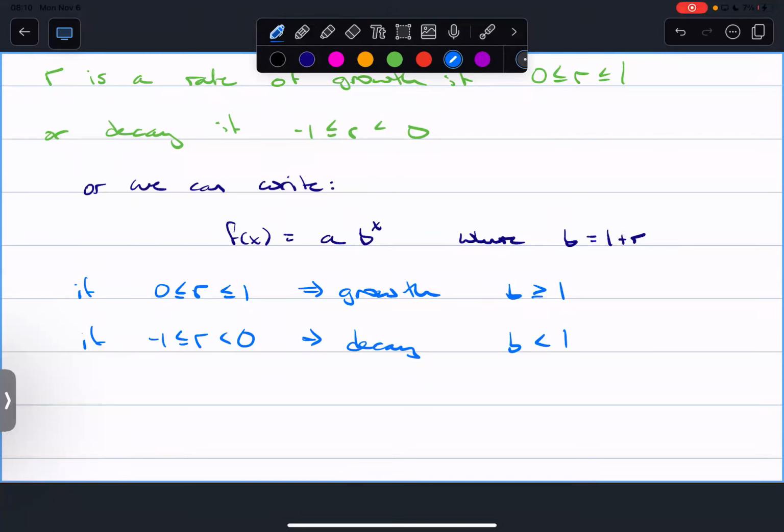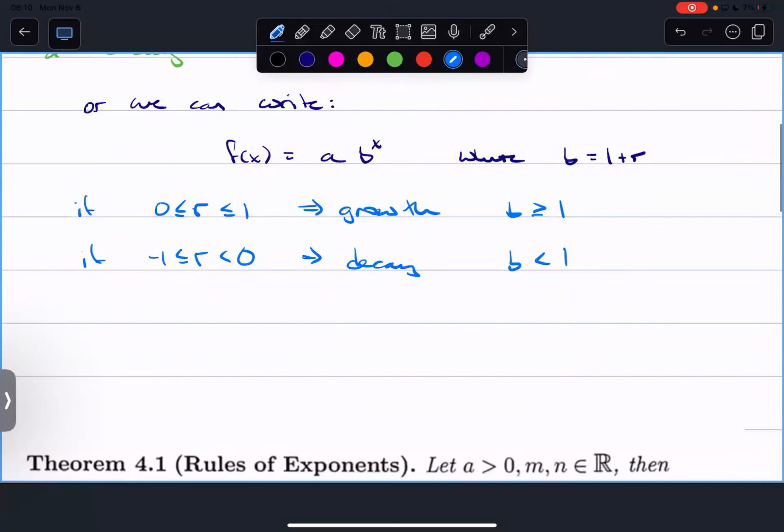We're going to force it to be greater than 0, because otherwise it kind of makes a mess.